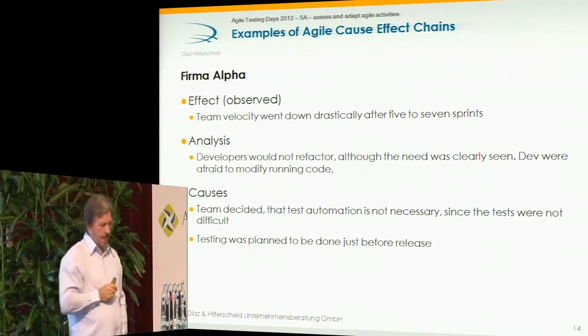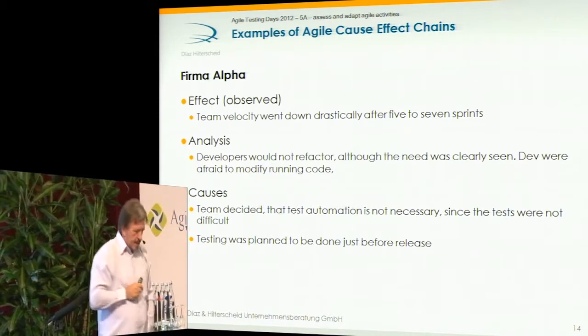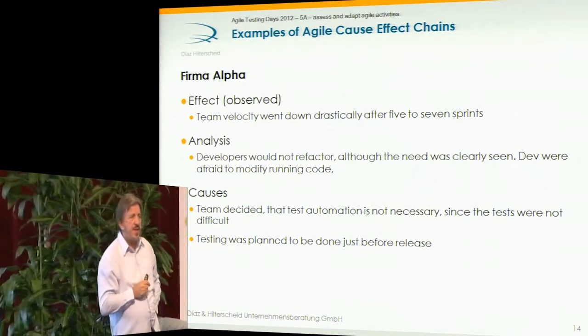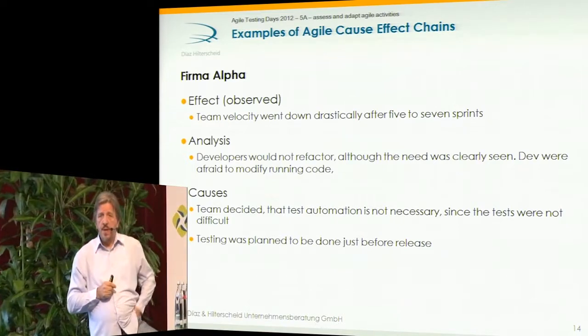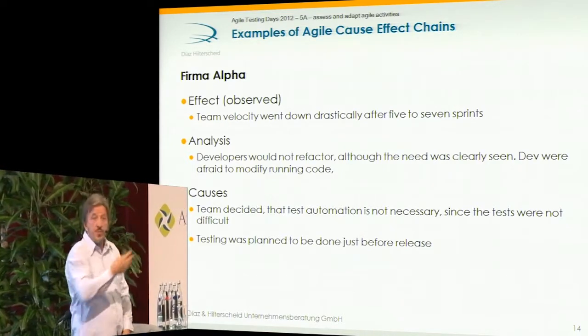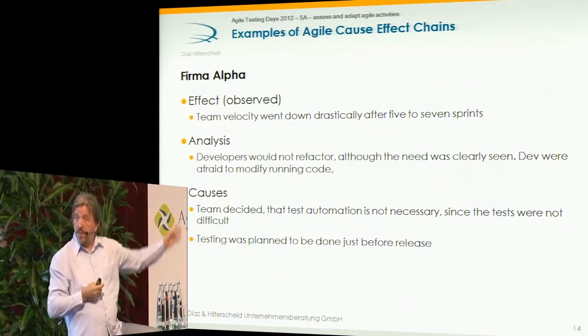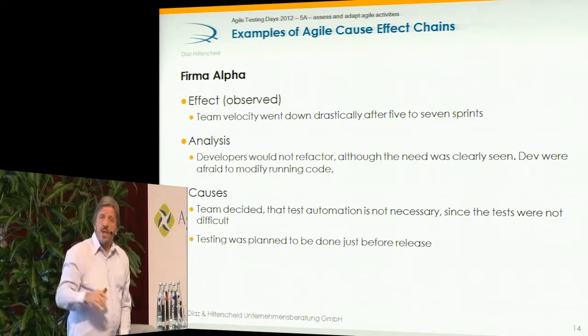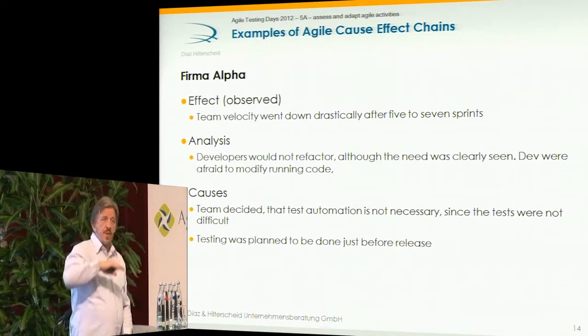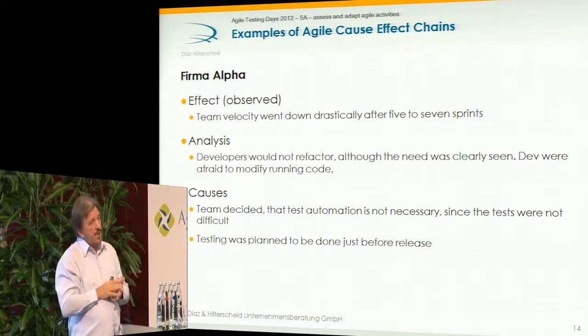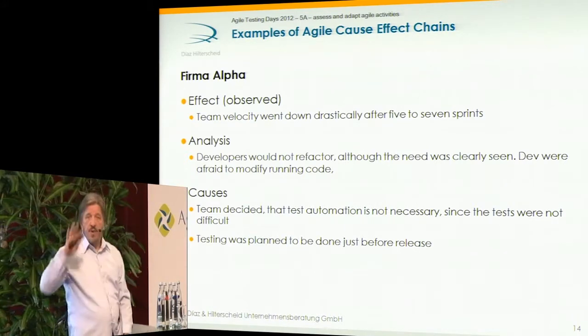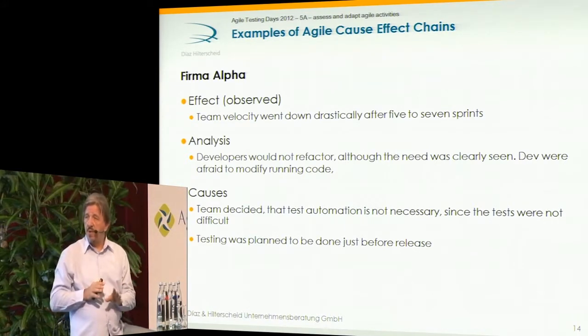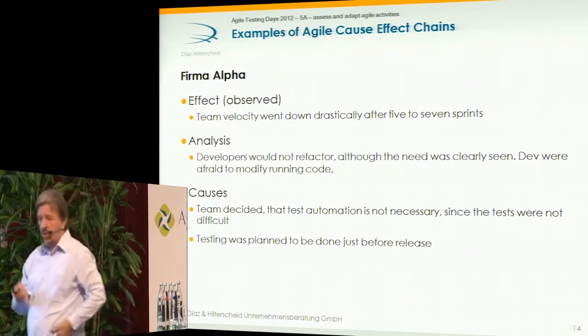They did a test before the release, and they did not feel the need to automate. And multiple sprints later, that problem popped up, that the velocity of the team dropped. And analysis showed that there is a relationship between the problem of velocity dropping and the problem of not making a decision towards a high degree of automation.